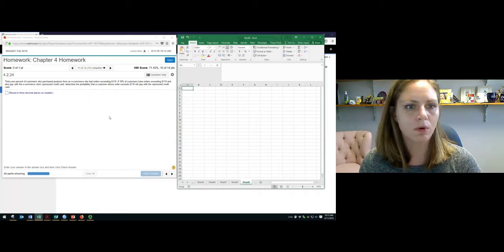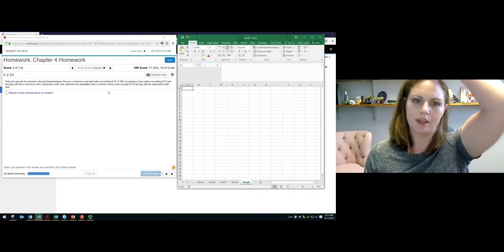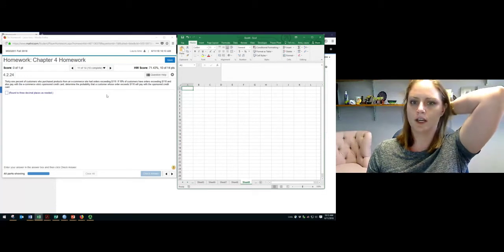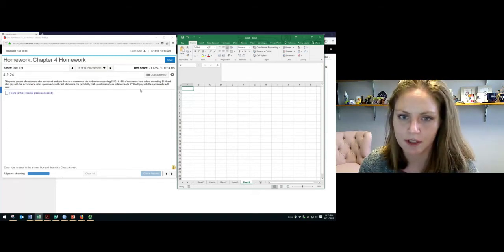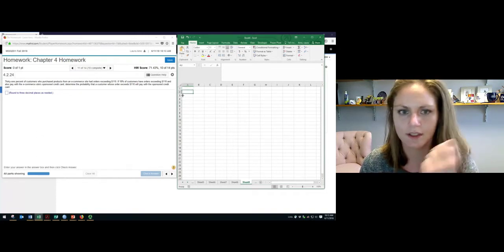31% of customers who purchase products from an e-commerce site had orders exceeding 110. If 18% of customers have orders exceeding 110 and also pay with the e-commerce site sponsored credit card, determine the probability a customer who exceeds 110 will pay with the sponsored credit card. Let's figure out what they're asking here.